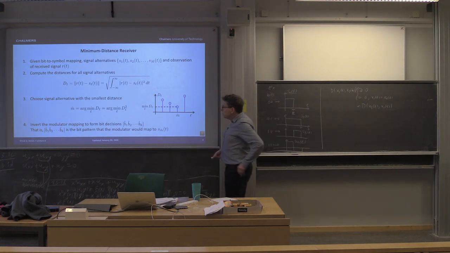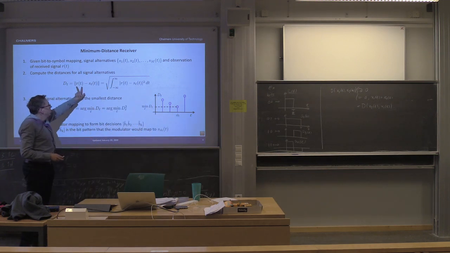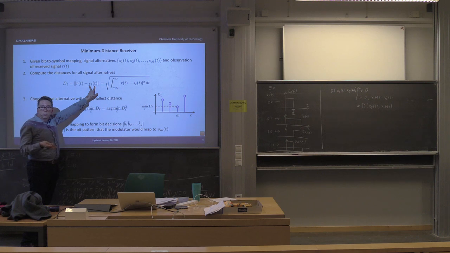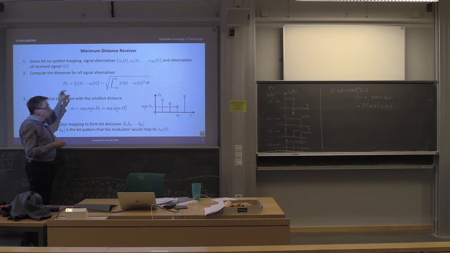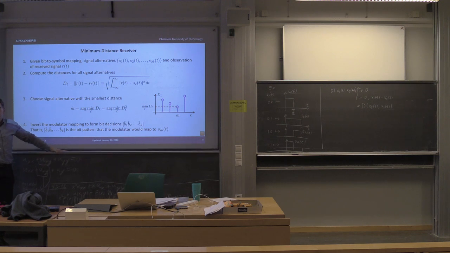Now, if I computed the distance between what we have seen and all the possible things that we could transmit, right? We can put in L equals 1, 2, 3, 4 up to M. Then we get a number of distances. Which is the most likely transmitted signal then?